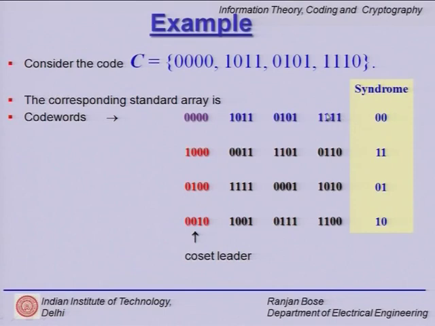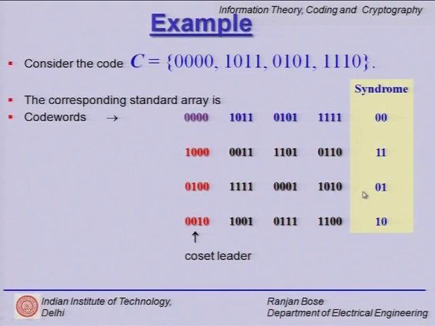So, if you receive any one of these 4 and you apply H transpose, you will get a 0, because a syndrome for a valid code word is always a 0 vector. But if you get any one of these 4 received vectors, then H transpose will always result in 1 1.